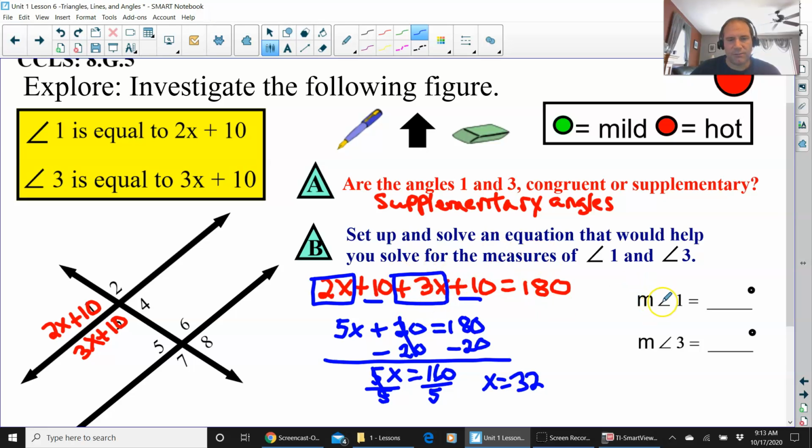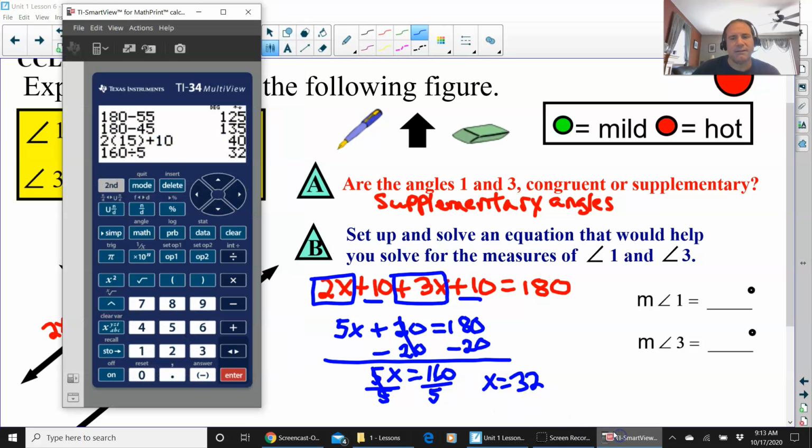They want the measure of angle 1. The measure of angle 1 is here. This is the expression. So I'm going to put it right here, 2 times, in parentheses, 32 plus 10. 2 times 32 plus 10.